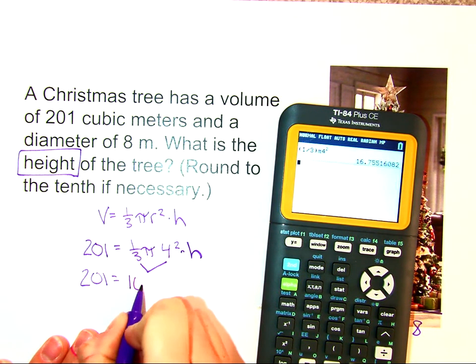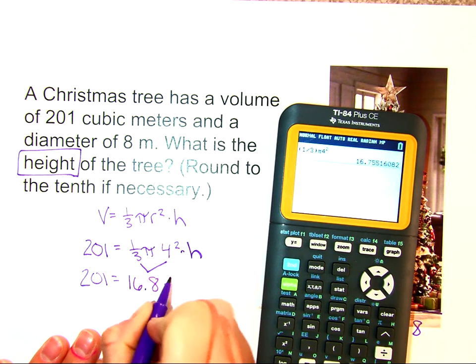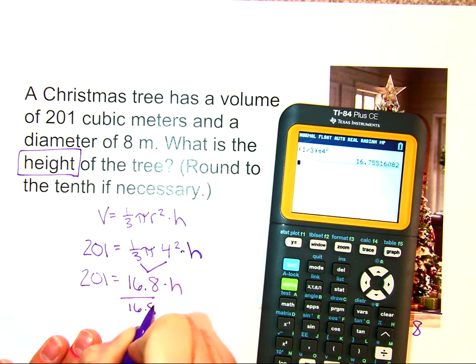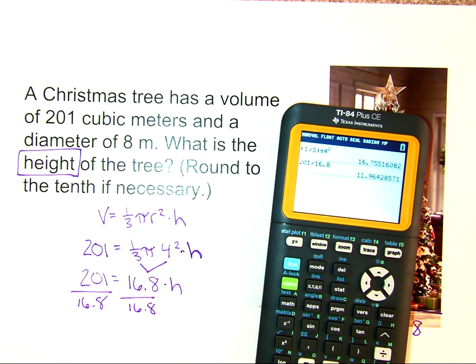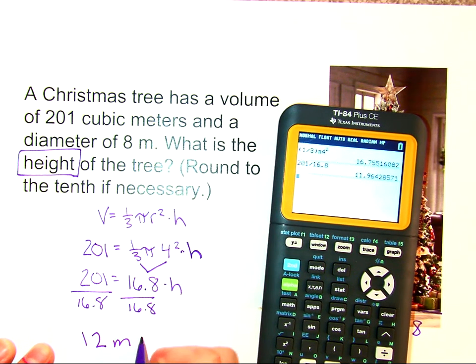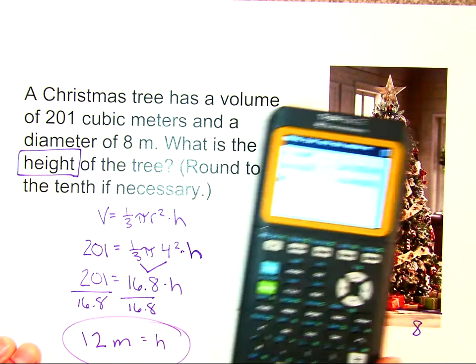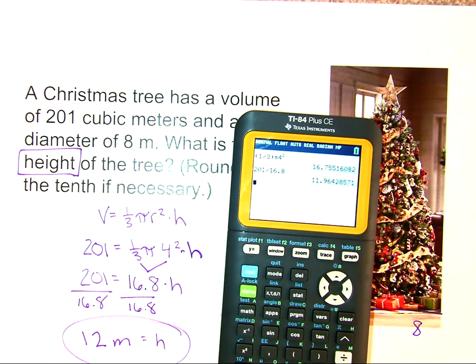That gives me 16.8. 201 divided by 16.8. So 11.96 rounded to the tenth actually rounds up to be 12 meters. So the tree is 12 meters tall.